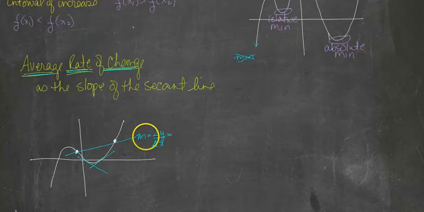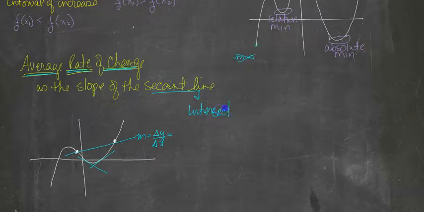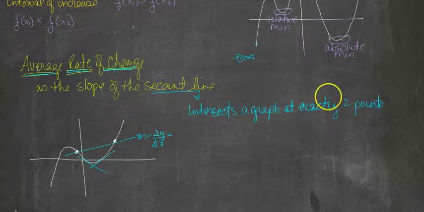So the slope of the secant line, by the way, a secant line is a line that intersects a graph or a region of a graph at exactly 2 points. Okay, so what we have is a line that intersects this graph, or this part of the graph. If I continued on, it would intersect at another point, but I'm really only concerned with these 2 points.